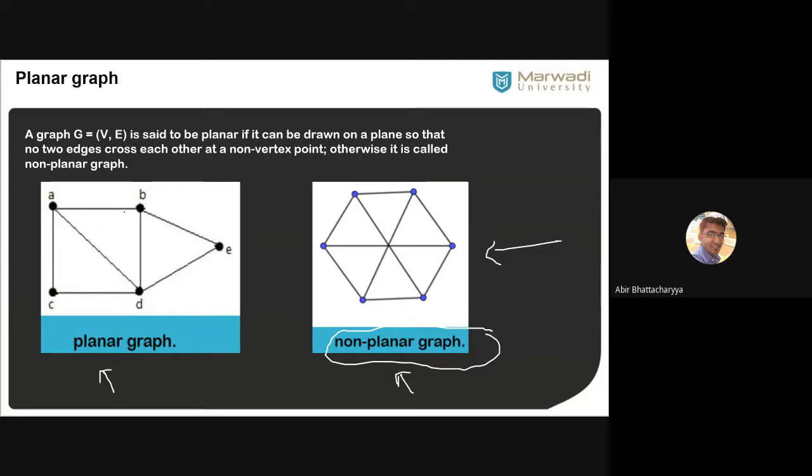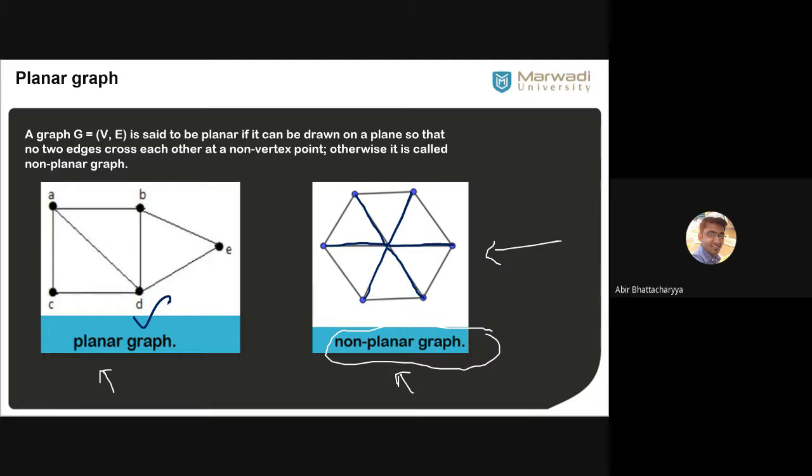Okay, all the edges are very smooth. So this graph is an example of a planar graph. Similarly, the second graph, if you observe, is a non-planar graph because there is an edge crossover. If you observe this edge, all three edges have a crossover at this point.